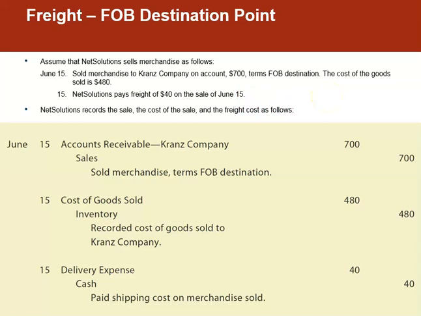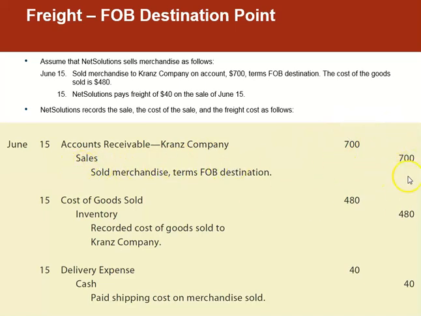Okay, so we have some things going on here, all on June the 15th. We can actually make this all part of one journal entry, but we're going to split it out into 3 separate entries here so that maybe you can see it a little bit better. So the first and biggest part of it, as far as the sales transaction is concerned, is we're going to set up an account receivable, subsidiary account, Krantz Company, for $700, and we're going to credit sales for the same $700.